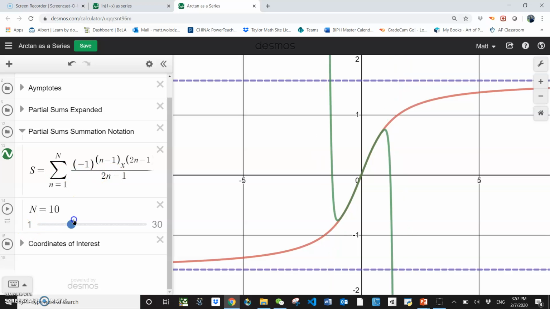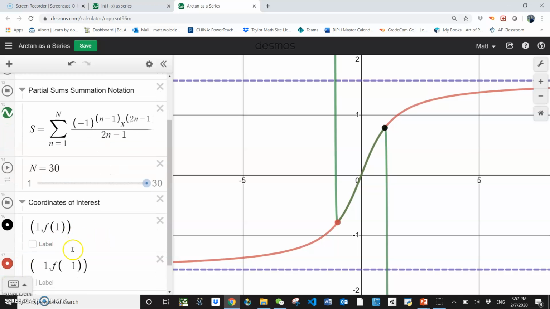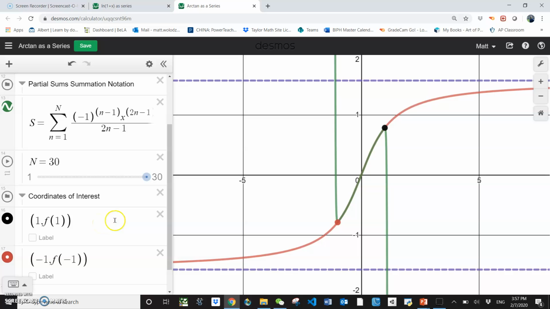So now we can see 30 partial sums. Well, that seems pretty good match in between the interval here. Now, of course, the question becomes down to, do I include that boundary and that boundary in my function? So can I include the value of x equals 1?